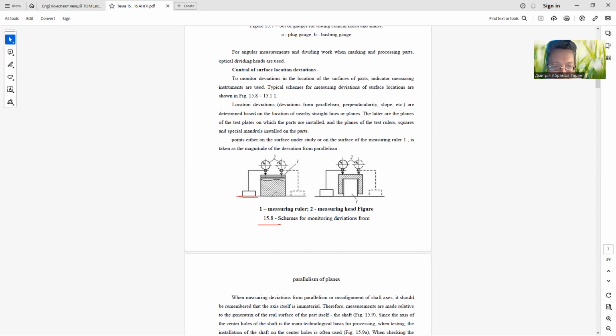So it's a plate and a special instrument to determine the parallelism. First, it's a measuring ruler. Second, a measuring head.